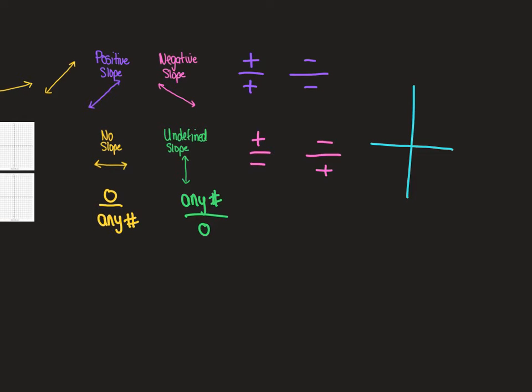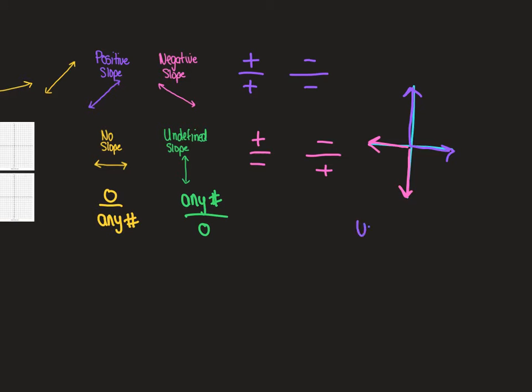Think about a coordinate grid. When you go up, those are positive numbers. When you go to the right, those are positive numbers. When you go down, those are negative y's. When you go left, aren't those negative x's? So I want you to think about the rules there.